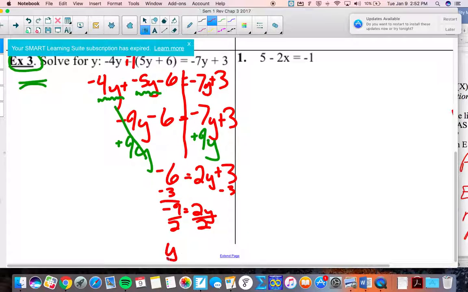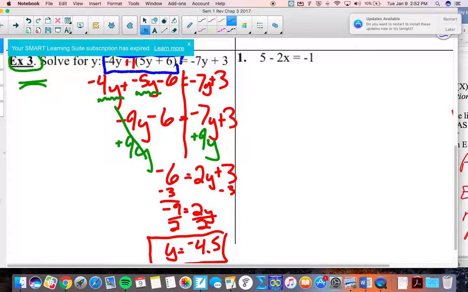So I get y equals negative 4.5. If you can simplify one side and or the other, do it by distributing and combining like terms, if possible. Then get the y's or the variable to one side by undoing one of them from one of the sides.